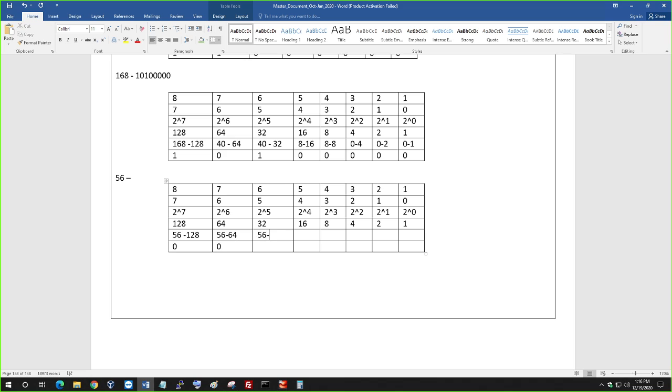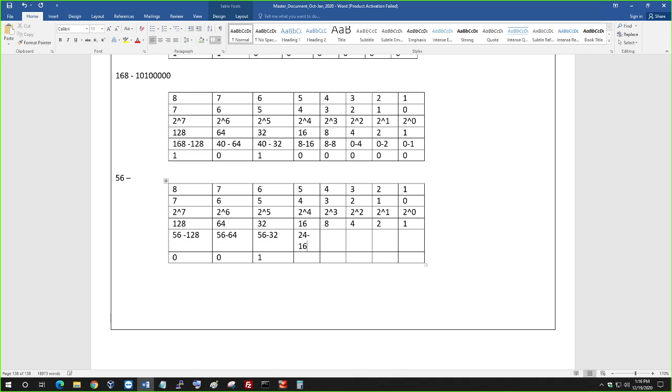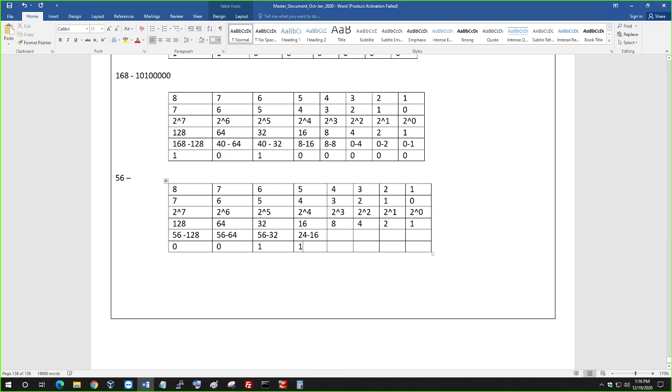56 minus 32, so we can do that. How much is left? 4 and 2, so 24 is left. 24 minus 16, are we able to do that? Yes, so that one becomes 1. How much is left? 8 minus 8, we were able to.